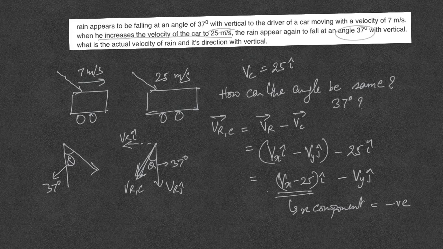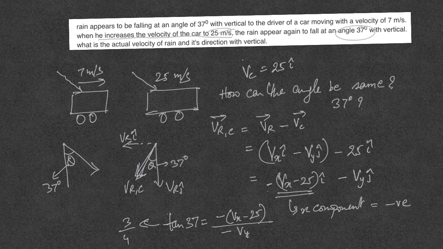Now since it is negative, tan of 37 will be equal to negative, because it's in the opposite direction, pointing towards the left, upon minus Vy. And tan 37, as we have said, is 3/4.